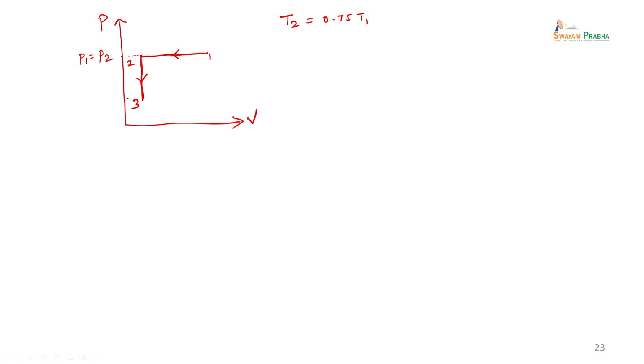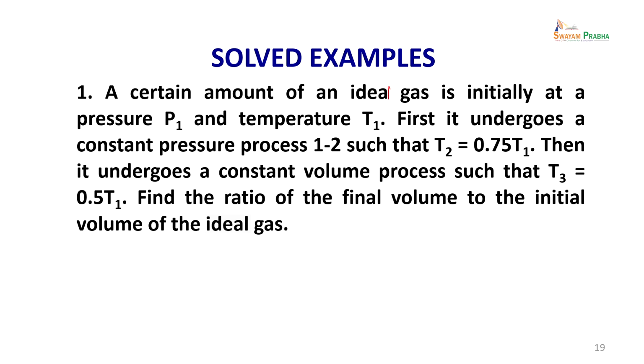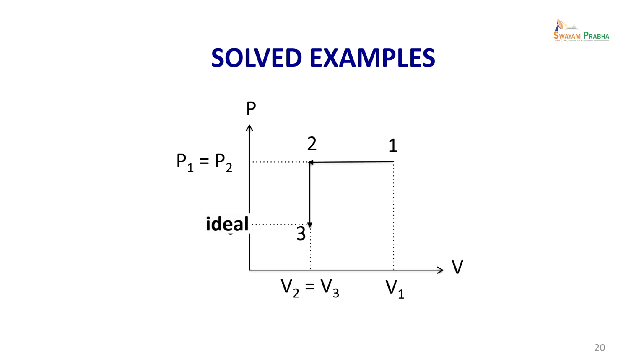Here, if you extend this line, volume at 2 is equal to volume at 3. And if you see the problem, it is given that the temperature at 3 is equal to 0.5 times T1.